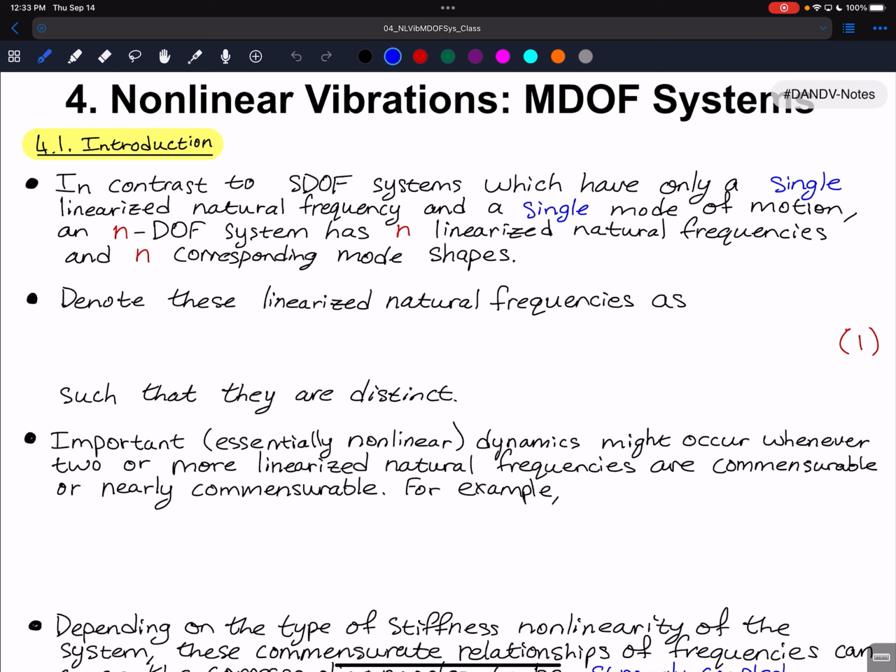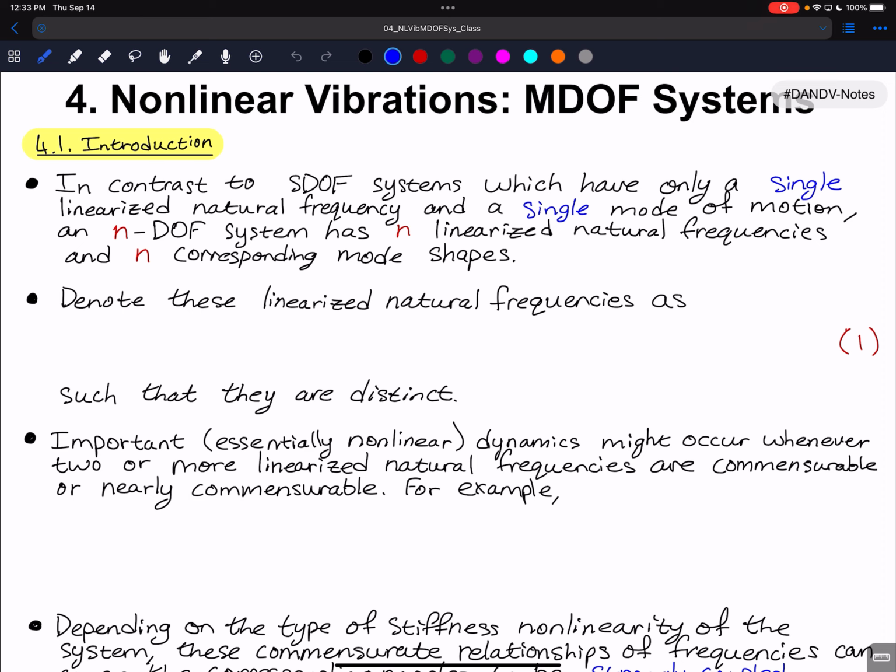All right, so in contrast to single degree of freedom systems, which will only have a single linearized natural frequency, and you could say a single mode of motion, an n degree of freedom system has n linearized natural frequencies and will have n corresponding mode shapes. So for a linear system, the number of natural frequencies is equivalent to the number of degrees of freedom.